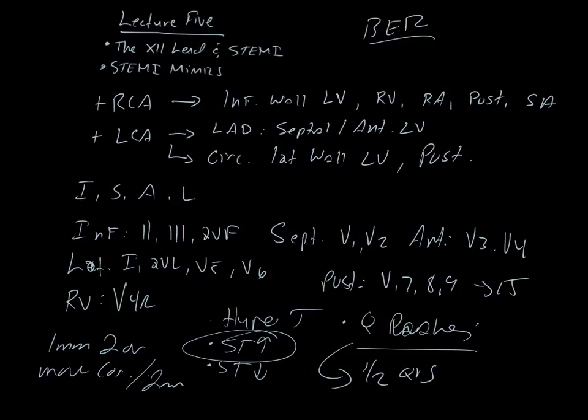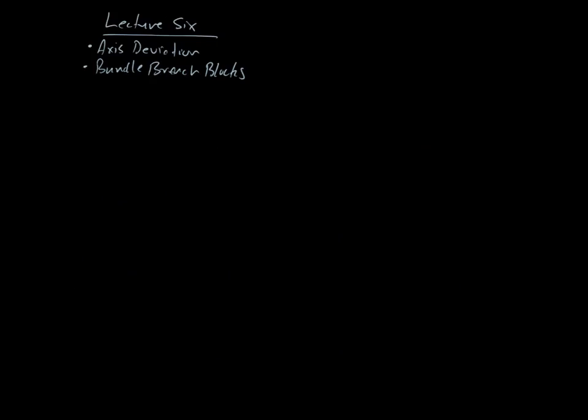Whereas with a STEMI, you can have reciprocal changes, and a reciprocal change is depression opposite of leads where you have elevation, right? You guys okay with that? Okay, good deal.